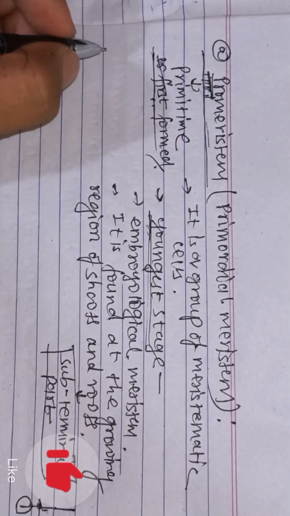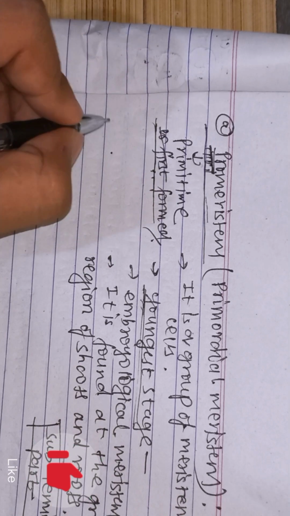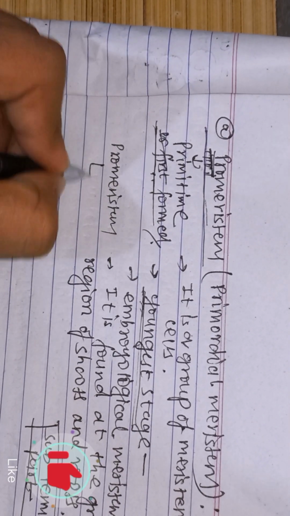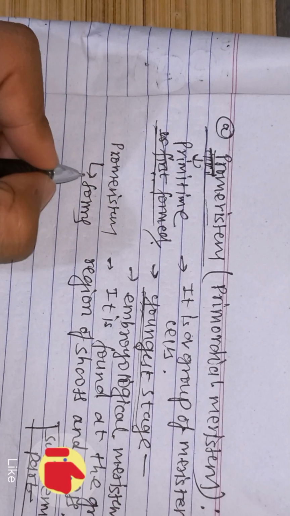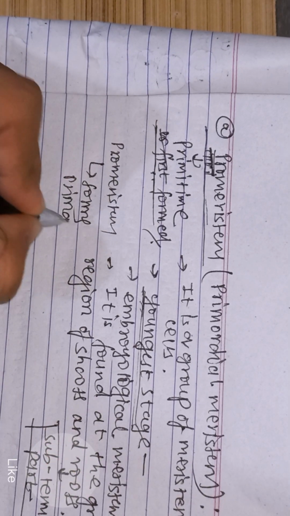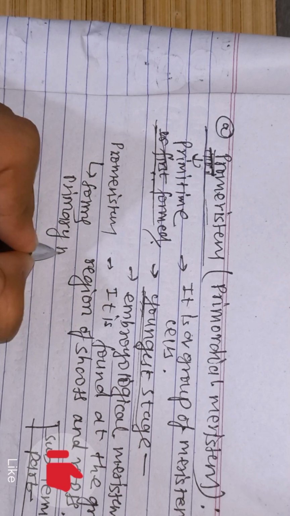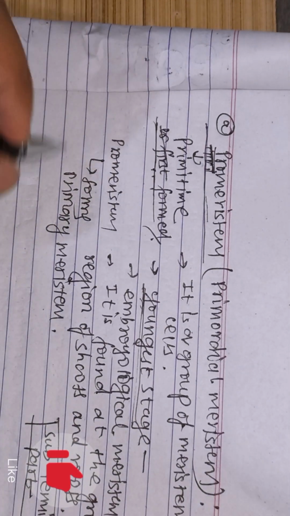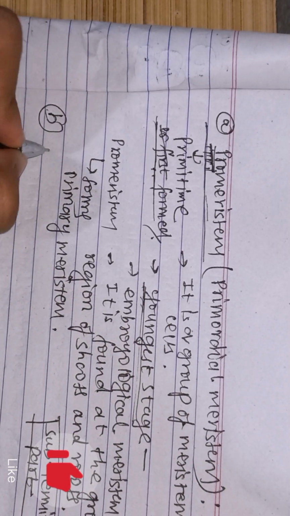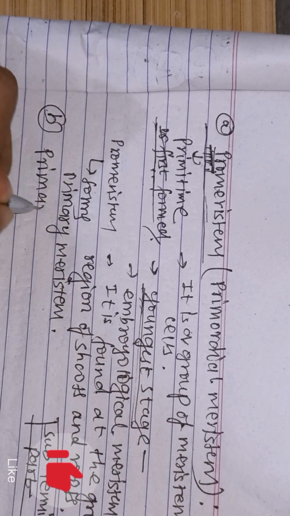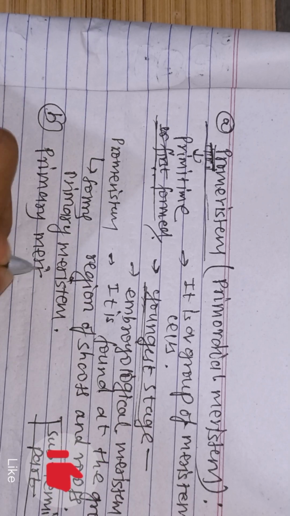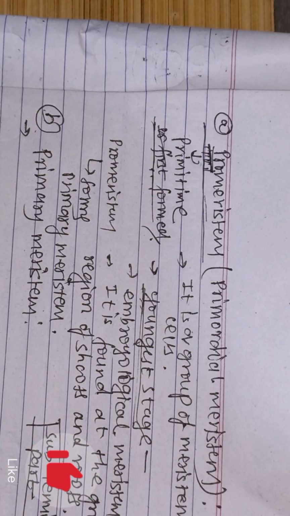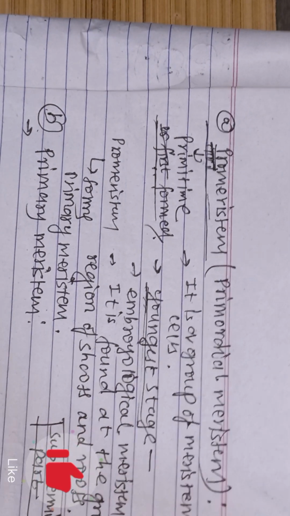This promeristem forms primary meristem. Now let's talk about the primary meristem. As we have already discussed, primary meristems are formed from promeristem.